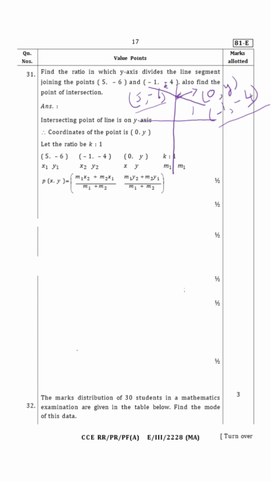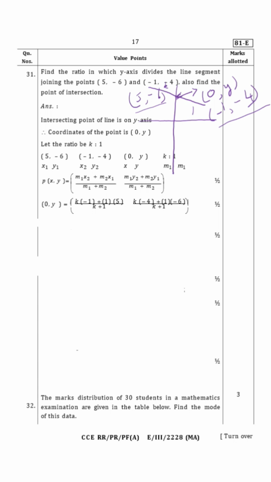That's all. Now let us substitute. Instead of P(x, y), we put (0, y). Instead of m1, put k. Instead of m2, put 1. x1 is 5, y1 is -6, x2 is -1, y2 is -4.